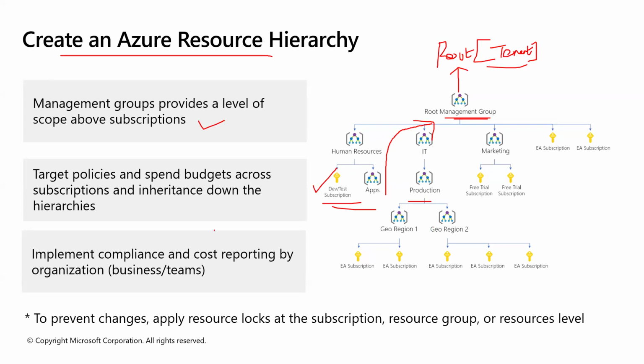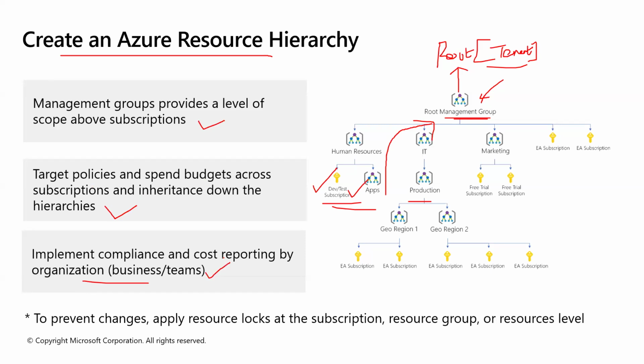So what is the purpose of this hierarchy? If I put a policy here, it will be inherited by your subscription and then by your resource group. So I can target policy and spend budgets across subscriptions and inherit them down the hierarchy. Implement compliance and cost reporting by organization.